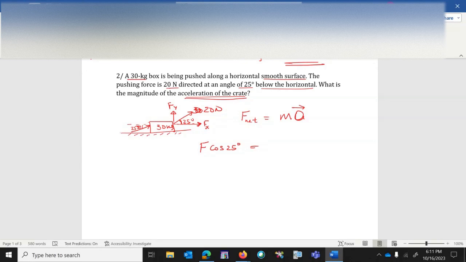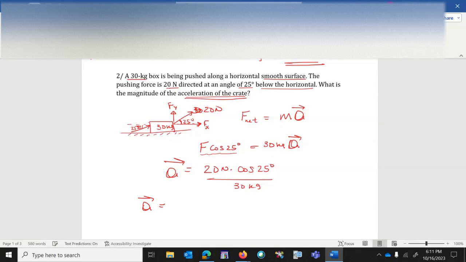This is equal to mass times acceleration, which is 30 kilograms times the acceleration. I don't know the acceleration now, so I'm going to calculate. The acceleration is 20 newtons times cosine of 25 degrees over 30 kilograms.